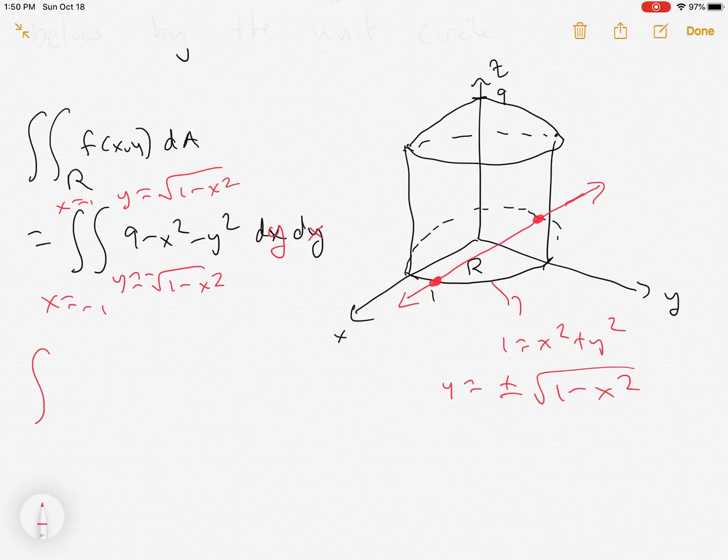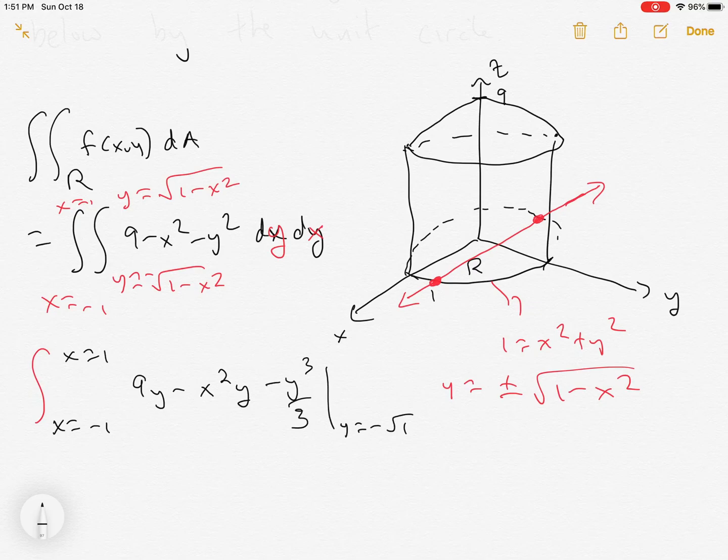So now we're going to have x equals minus 1 to x equals 1, we have 9y minus x squared y minus y cubed over 3, evaluated from the lower function to the upper function, dx.